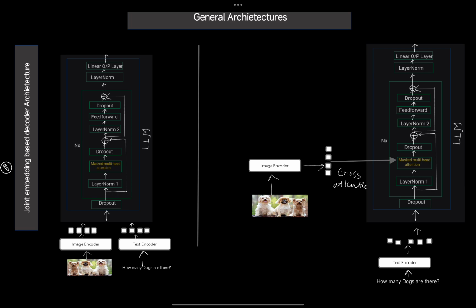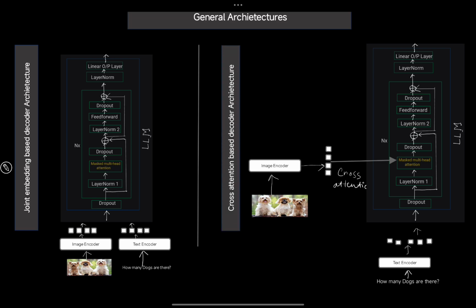Then we pass it through the pre-trained LLM, and at a later point, at the masked multi-head attention layer, we send the image encoder output, which is again the image embedding, and we feed it as a cross attention mechanism, right? We will talk in detail about what this cross attention is and how it works in this architecture, which we generally call the cross attention based decoder architecture.